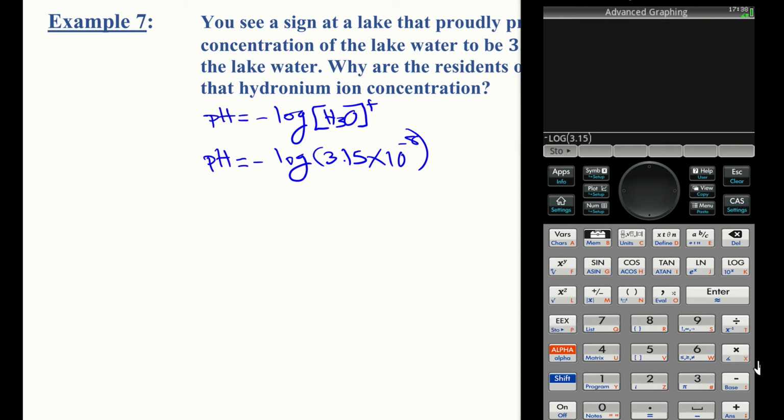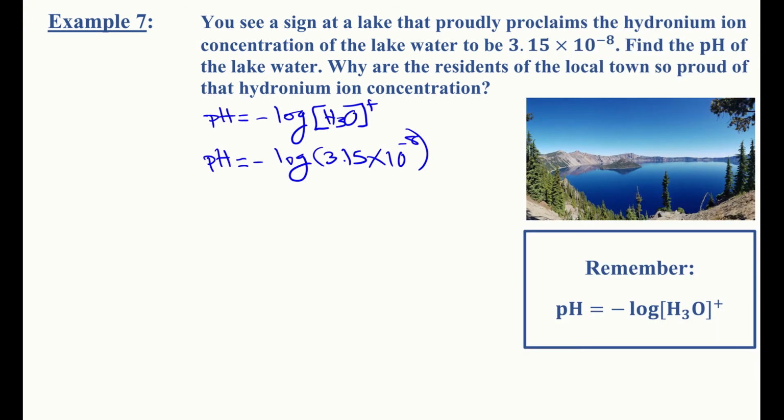In case it doesn't, I'll just show you that you can just type it as you see it. You can go times 10 to the power of negative 8. Then you hit enter, and there you have the pH. Again, remember we usually round pH to the nearest tenth. All right, so we get approximately 7.5.